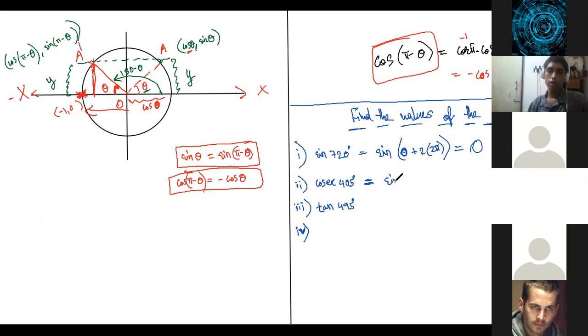So this will be sine of 405, whole power minus 1, the inverse of this. What is sine of 405? Sine of 45 degrees plus 2 pi, 360 plus 45. Which is root 2.